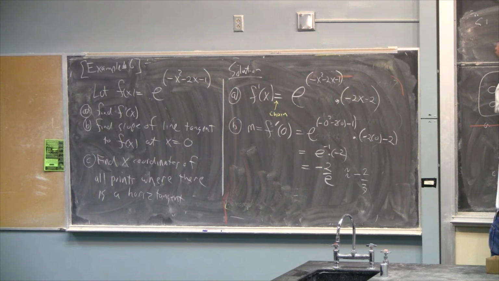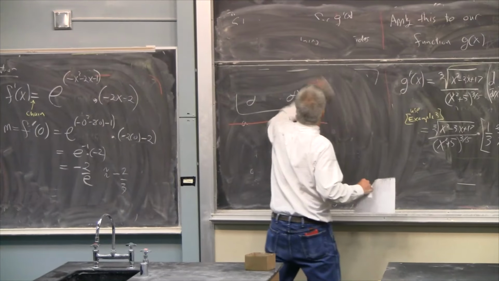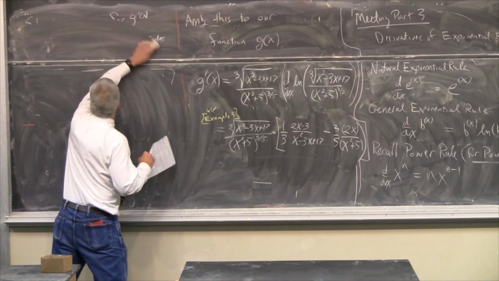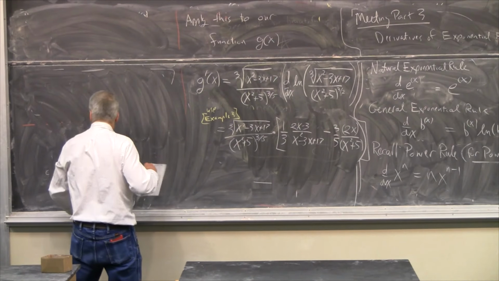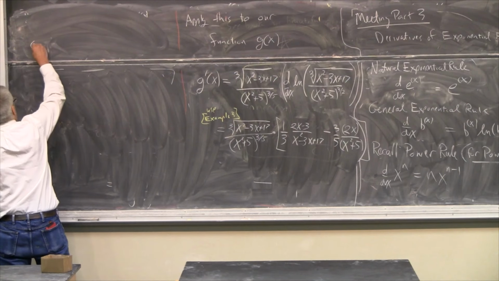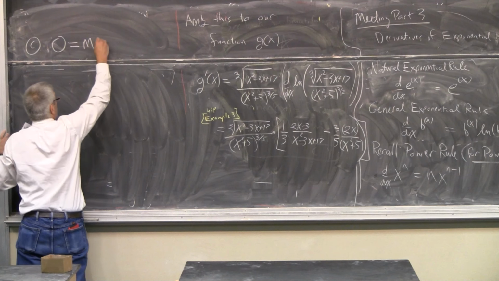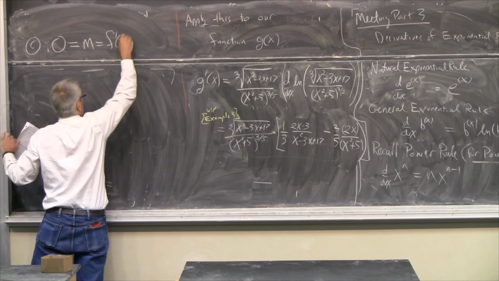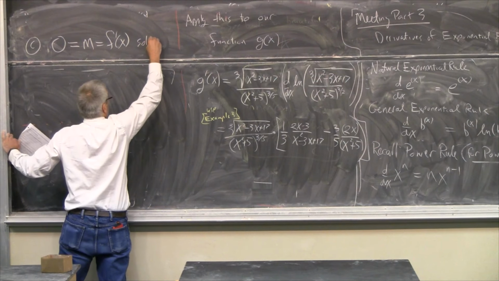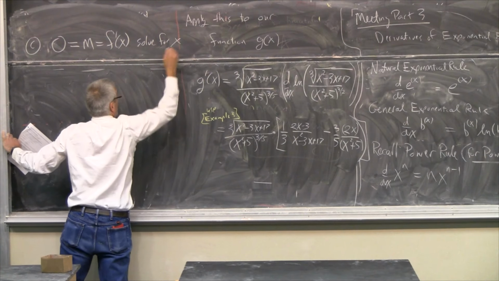Now for question C, we know that 0 is the m, and that's f prime of x. We're going to solve for x.